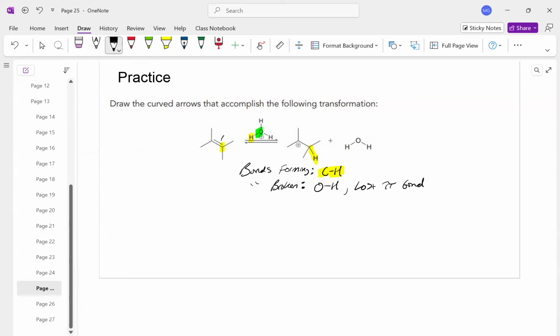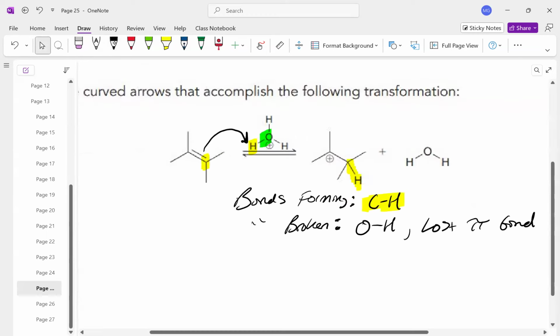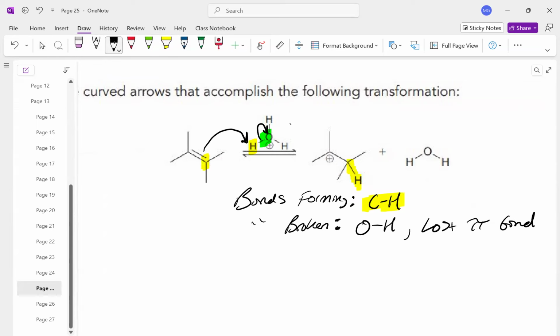I'm going to use this pi bond, to address that lost pi bond, to make a bond to that hydrogen. And I'm going to move these electrons back to that oxygen. So notice I'm addressing everything, the bonds forming and the bonds broken, with those two arrows.